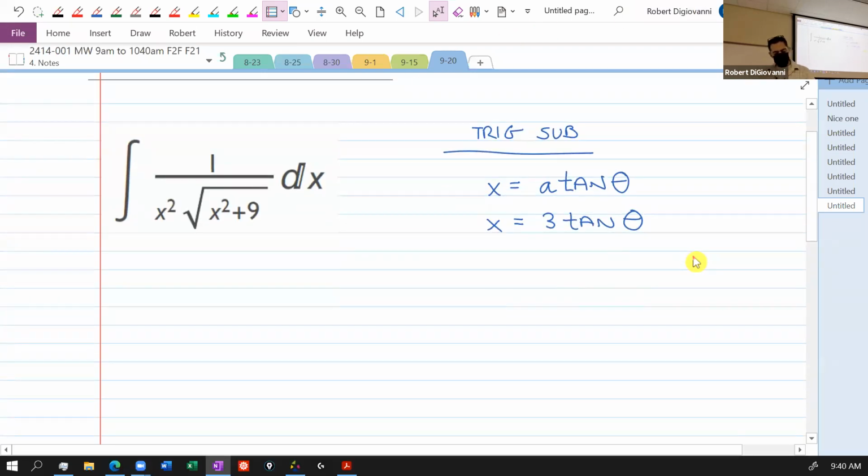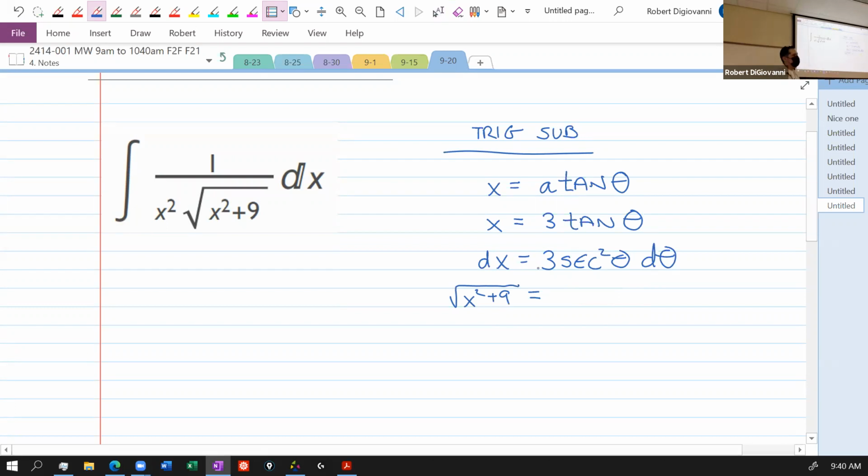Now, what's the derivative of this? 3 secant squared theta d theta, right? Don't forget the d theta, please. That's the derivative. And also, we know that the square root of x squared plus 9, that complicated thing, really is just going to simplify to be what? We're not going to go through all the algebra.